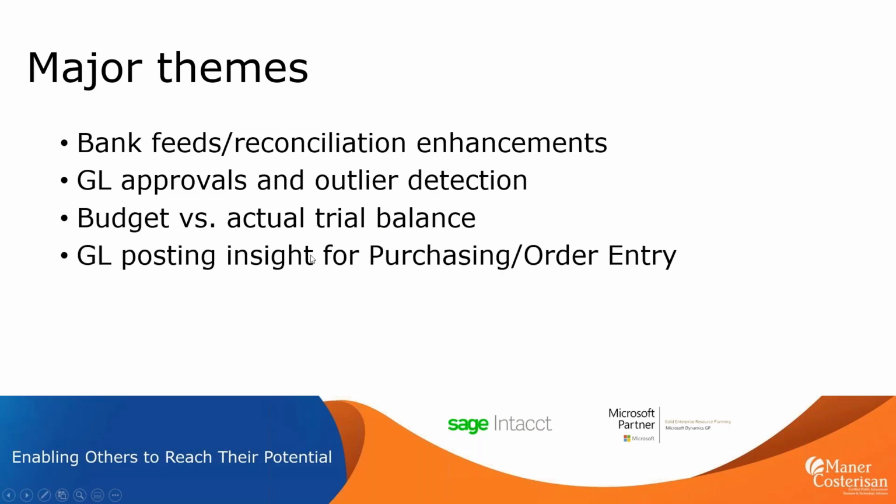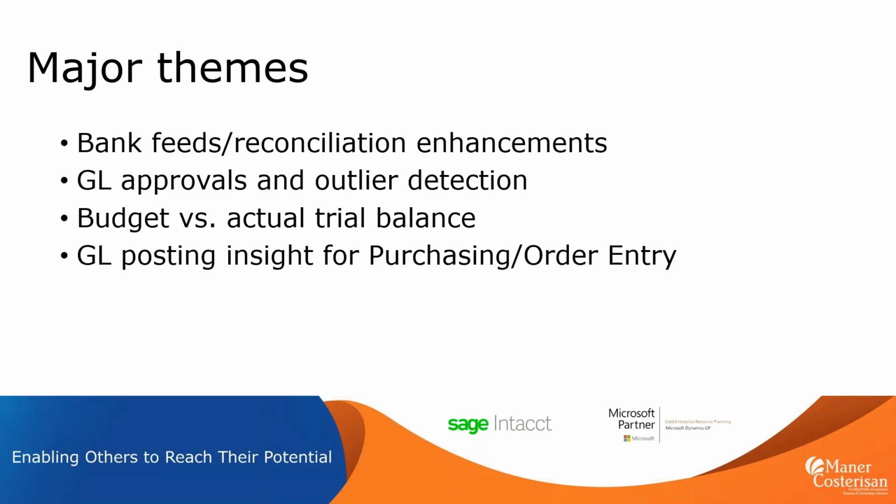And for those of our clients on the call today who are using either purchasing or order entry, Intacct is also releasing the ability to gain insight into how each transaction hits your general ledger when it gets posted.